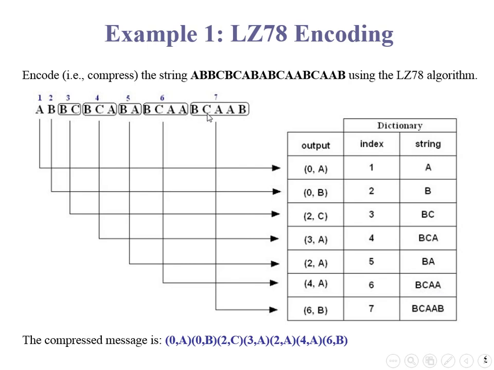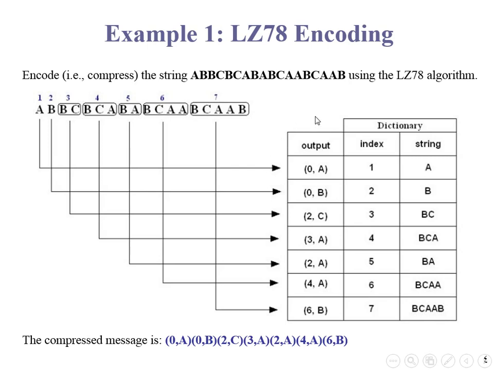Continue. B is in the dictionary. C is in the dictionary. BCA is in the dictionary. BCAA is in the dictionary. BCAAB, no, it is not in the dictionary. We encode it using the prefix BCAA, which has the index 6, and the last character is B, and give it the index 7, which represents the string BCAAB.